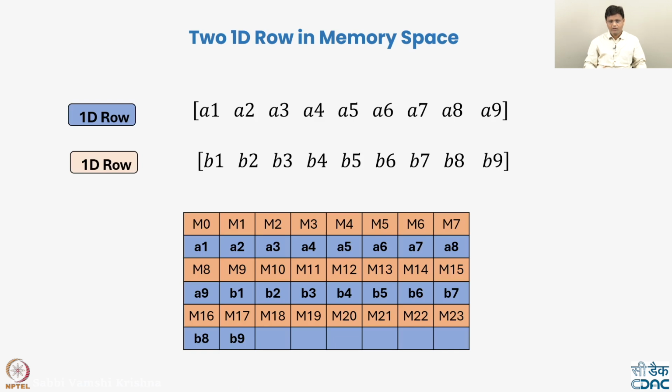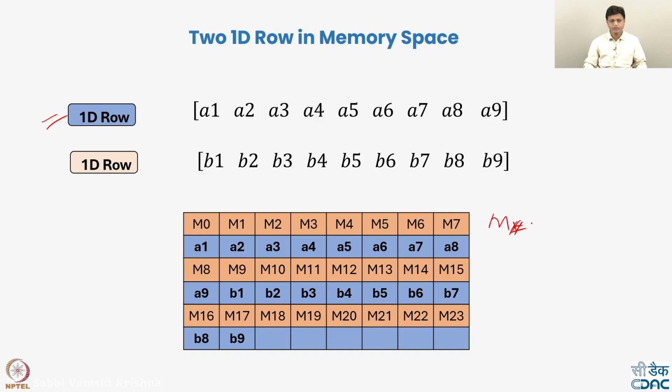Now, I will discuss how a 1D row is stored in memory space. Suppose you are following a language which supports row major order. In the first array the elements are A1 to A9, I am just assuming, and they are stored in continuous memory locations. Here M0, M1, M2, all these M represent memory and the number associated with it represents its location.